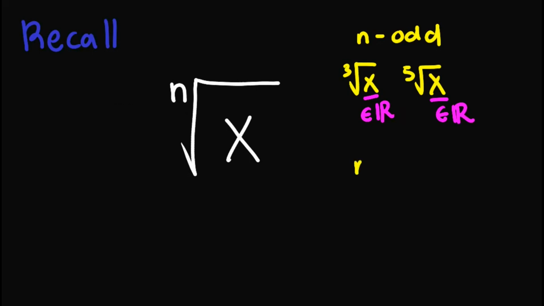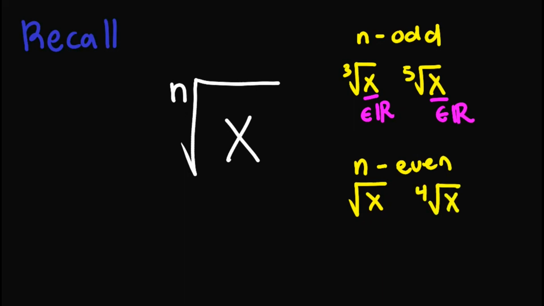But if n is even, say the square root of x, where we can simply remove the index and write it like this, or the fourth root of x.